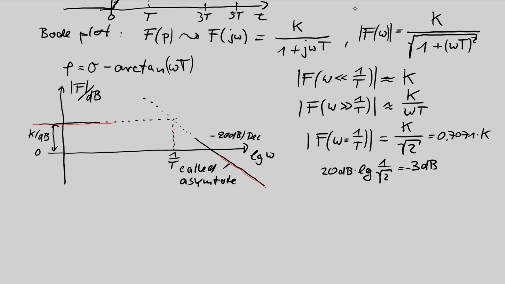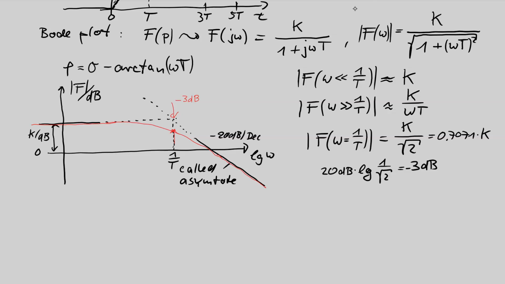Here we have a point, just calculated. The difference to the corner point is minus 3 dB. So this curve can be drawn manually in this way. The red is the exact magnitude curve.